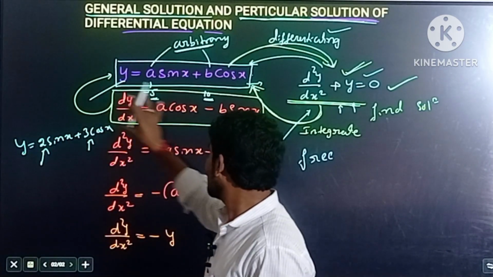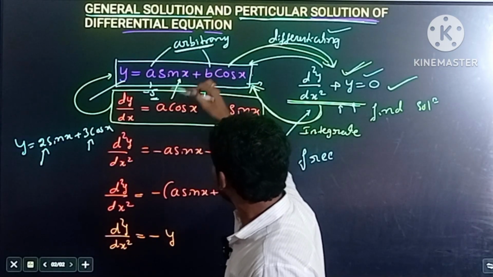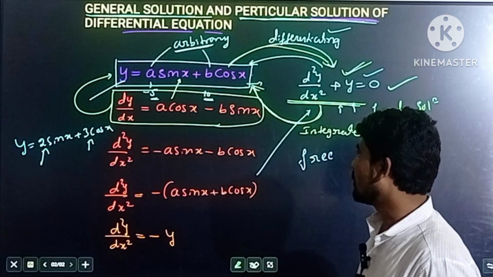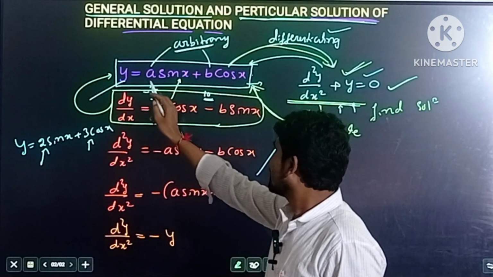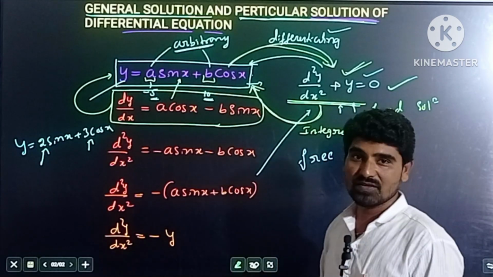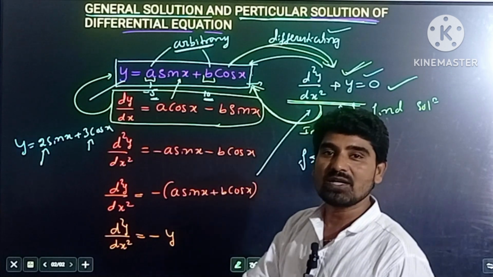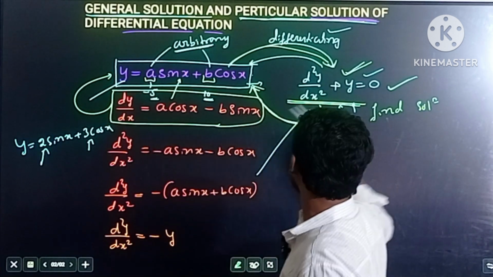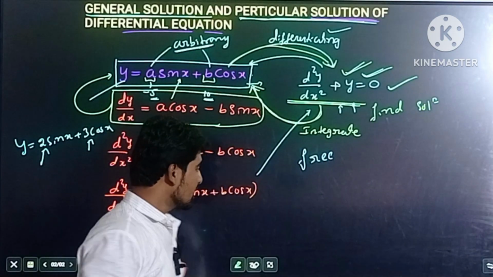We could have called the first order derivative the differential equation of this y. Why did we not? There is a key point. In this solution we have totally two arbitrary constants, a and b. So that's why we need to differentiate this solution two times to get the respective differential equation. I hope all of you understood.